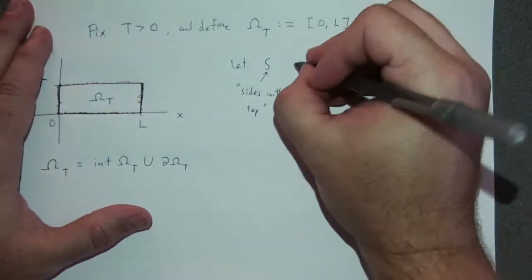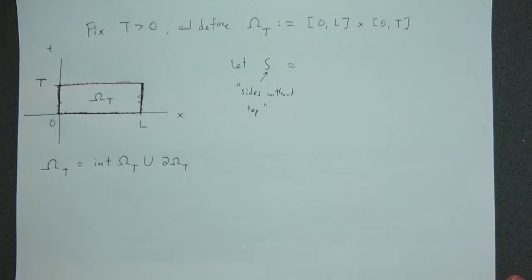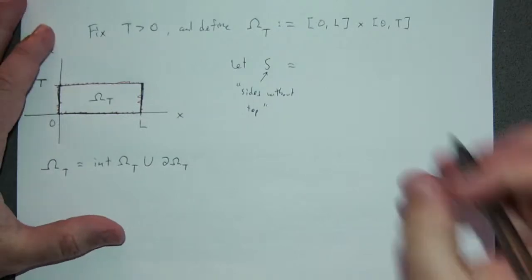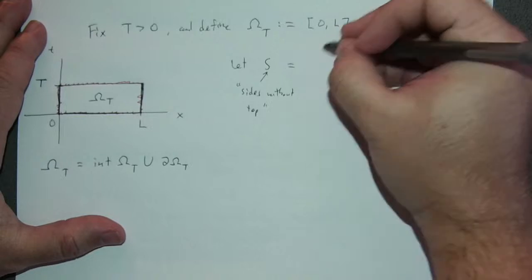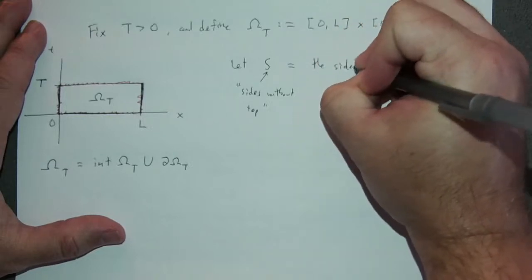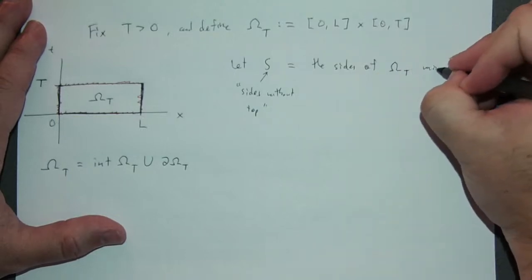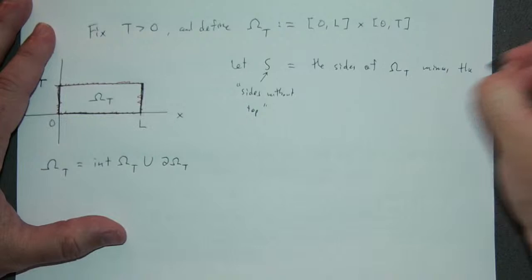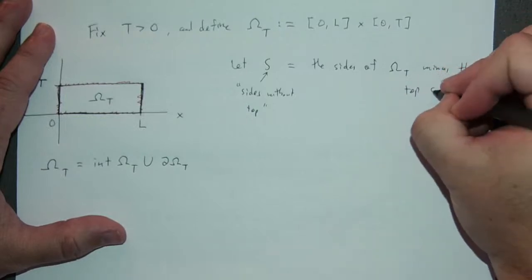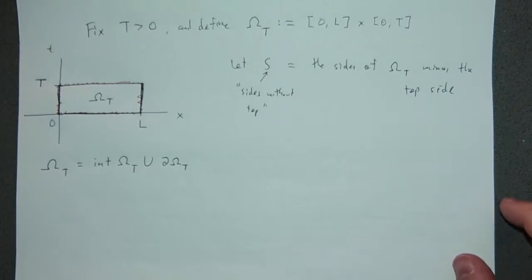So let S be the sides of omega T minus the top side.